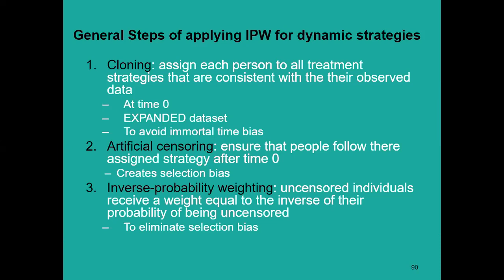Number 3 is to use inverse probability weighting to eliminate selection bias. Uncensored individuals receive a weight equal to the inverse of their probability of being uncensored. Pretty much all the studies that have implemented the IPW approach followed the 3 steps described here.